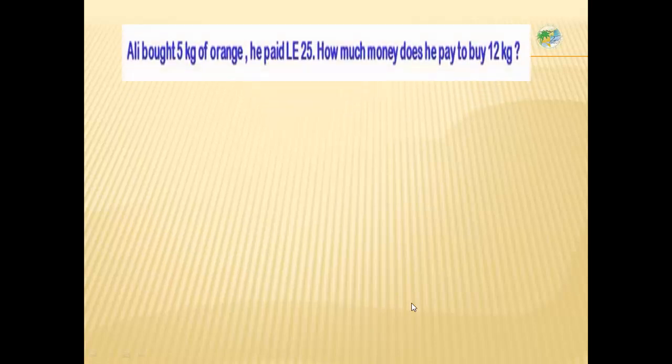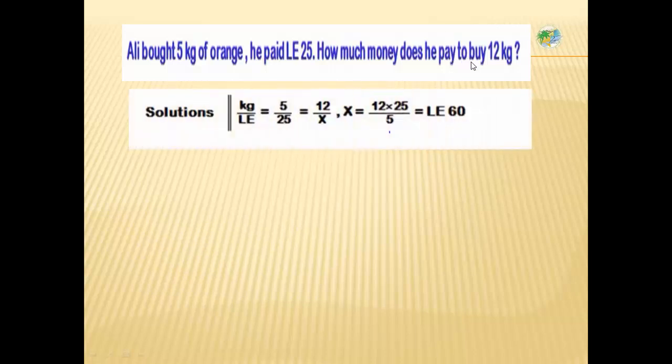Ali bought 5 kilograms of oranges. He paid 25 pounds. How much money does he pay to buy 12 kilograms? Kilogram by pound equals kilogram by pound.